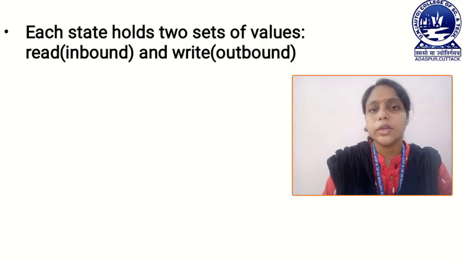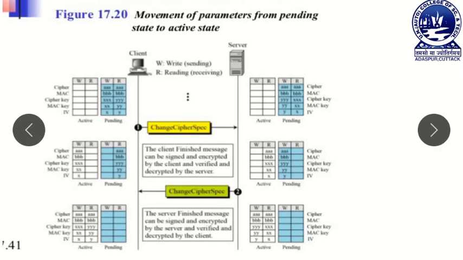Here you must remember that each state holds two sets of values. One is the read inbound values, another one is the write outbound values. Now look at this figure. This figure shows the movement of parameters from the pending state to the active state in our change cipher spec protocol. In this protocol, the sender and receiver each have two states, the active state and the pending state.